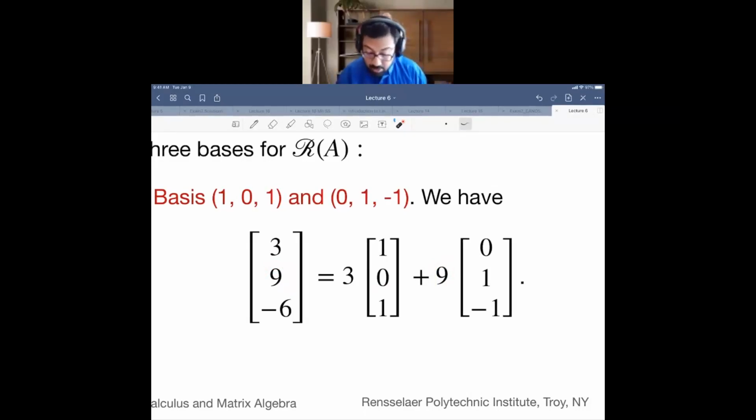Let us see if the last one matches up. 3 times 1 plus 9 times -1 will give you -6. So yes, 3 times the first basis vector, 9 times the second basis vector will give you something that belongs to the range, which means that the coordinates over here are going to be 3 and 9. Those are the scalars d1 and d2.